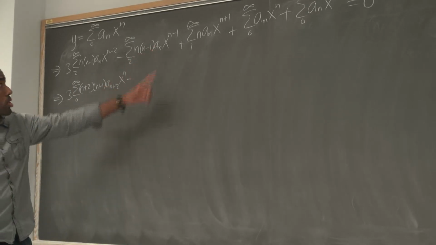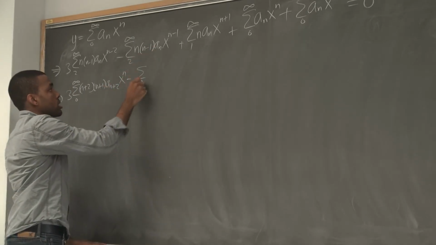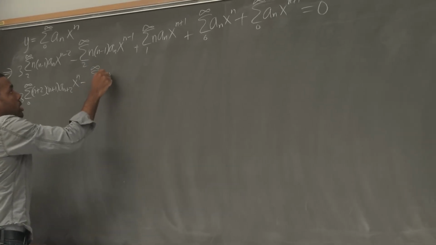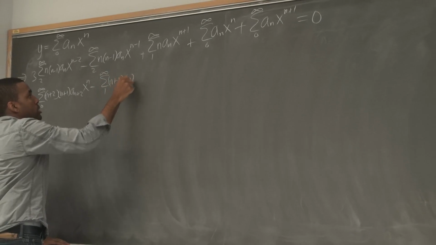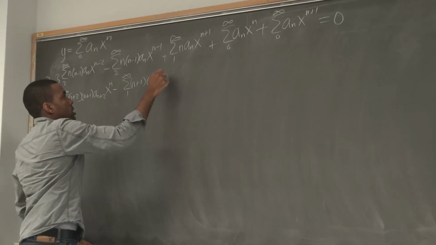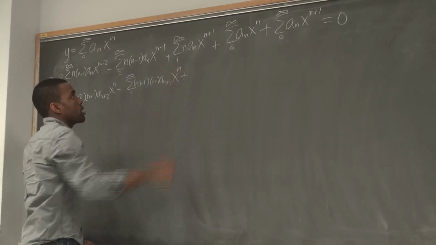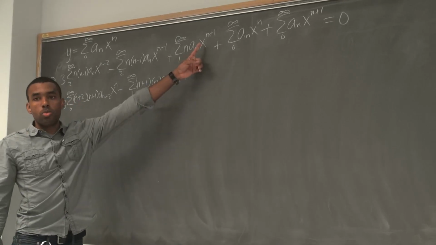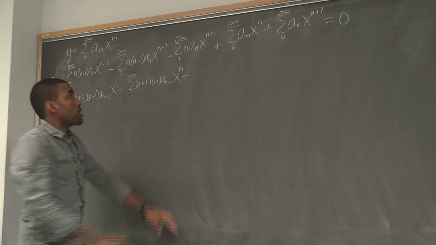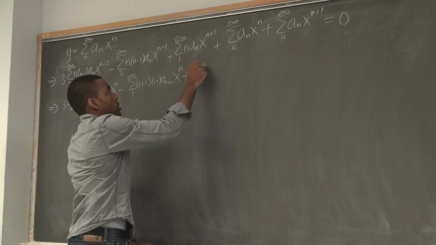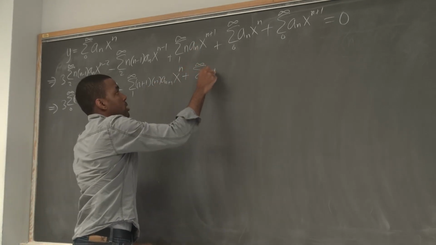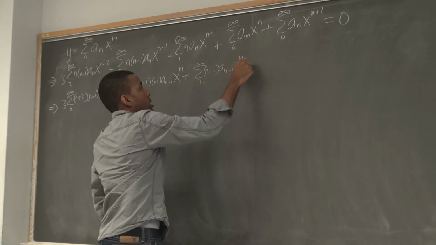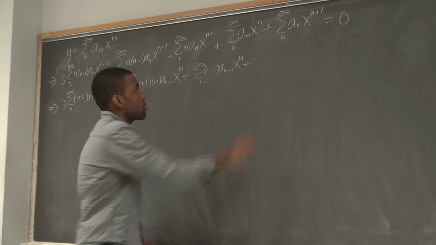Change all n's to n plus 1's here. So this series will actually start from 1 to infinity, n plus 1 times n, a n plus 1, x to the n, plus, now I'm going to have to change all n's to n minus 1 to fix this one. So this will be starting from 2 to infinity, n minus 1, a n minus 1, x to the n, plus this one is fine.